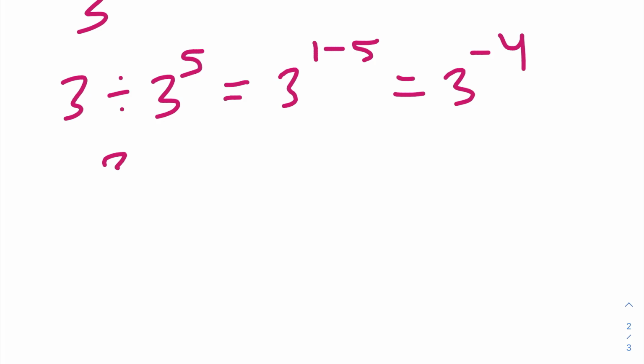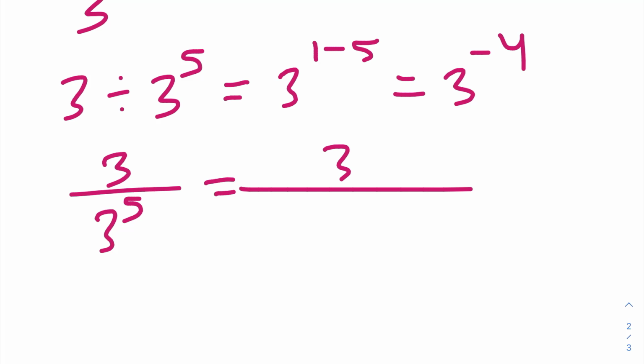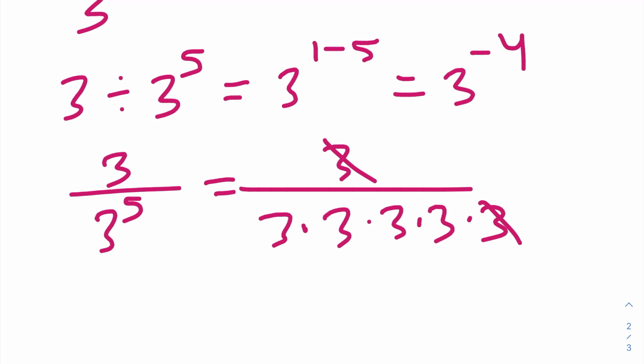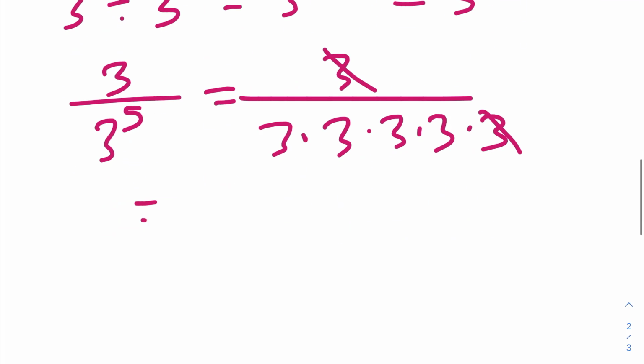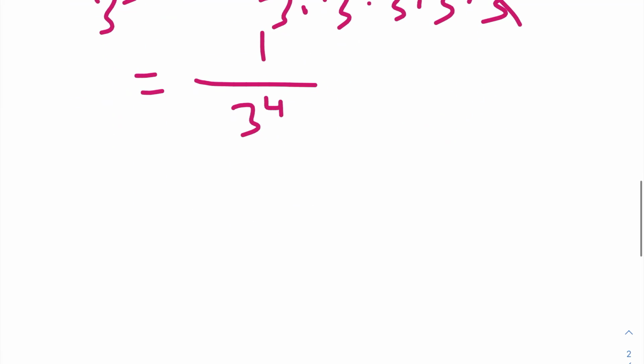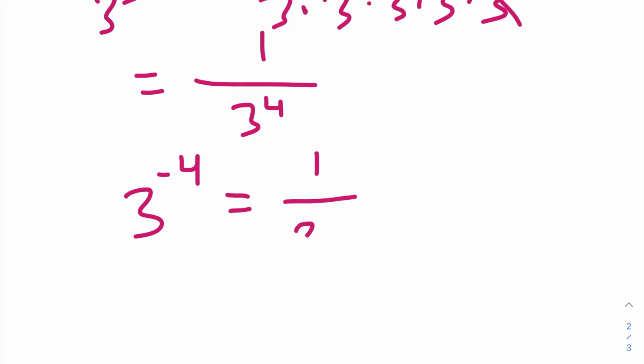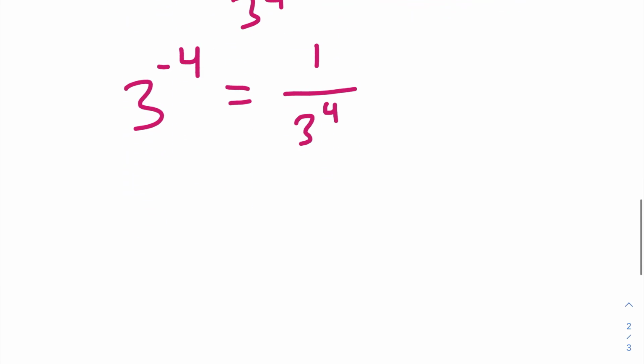And also, we can express this as 3 over 3 to the power of 5, which is the same thing as 3 over 3 times 3 times 3 times 3 times 3. We get rid of these, and we get 1 over 3 to the power of 4. So 3 to the power of negative 4 is equal to 1 over 3 to the power of 4. And of course, this is equal to 1 over 81.